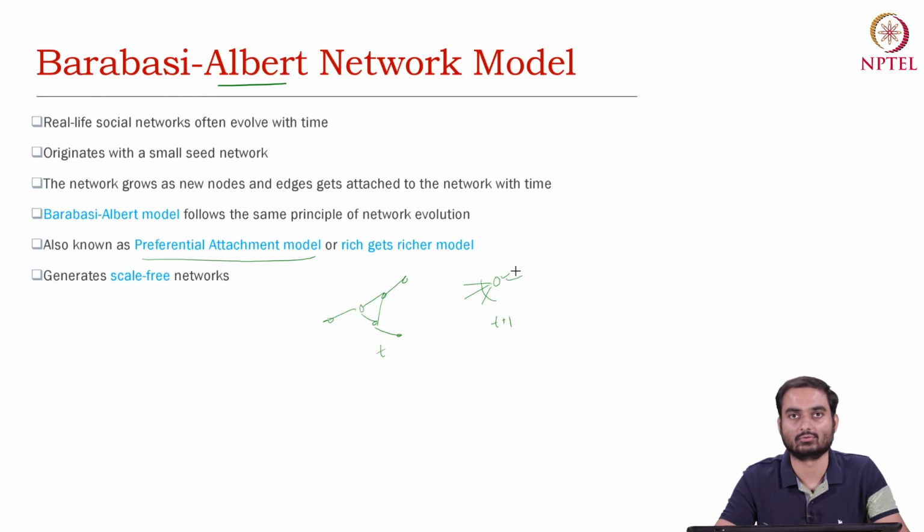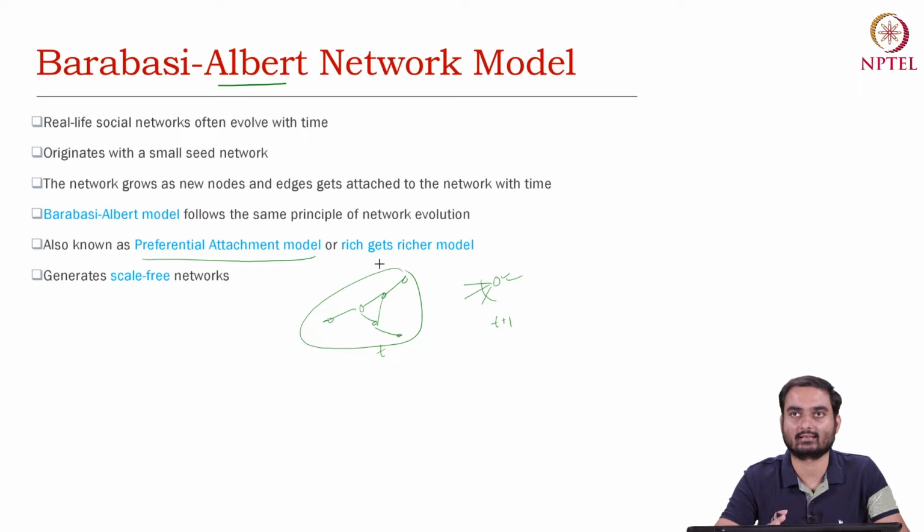The node chooses based on the current degree of the other nodes. So the probability of an existing node acquiring a new edge is proportional to its current degree.